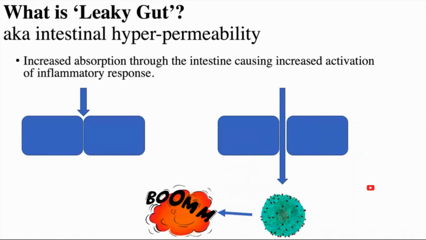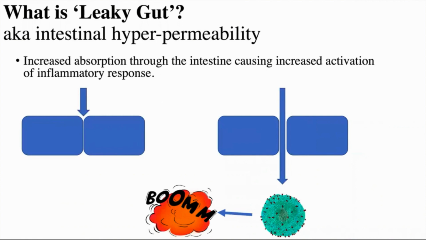The issue here is that these highly complicated, highly regulated, fascinating and barely understood processes involved in this selective permeability break down in this condition, I guess we would call it, and we call that hyperpermeability or leaky gut.